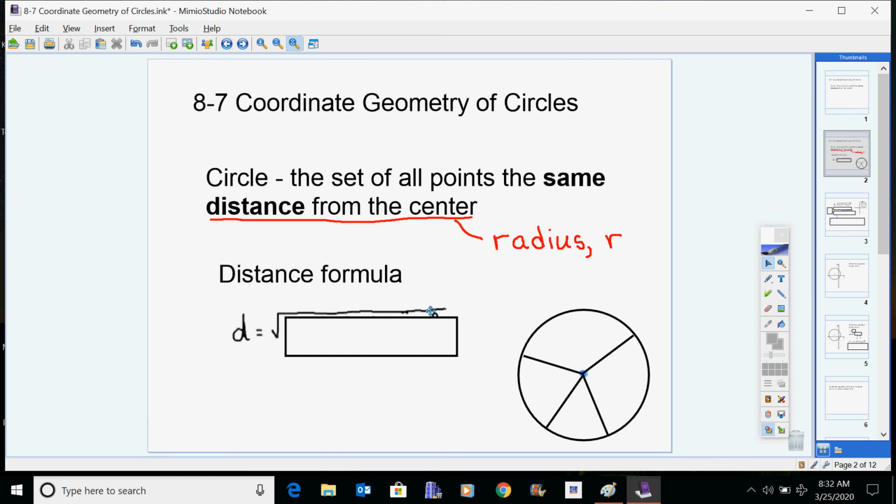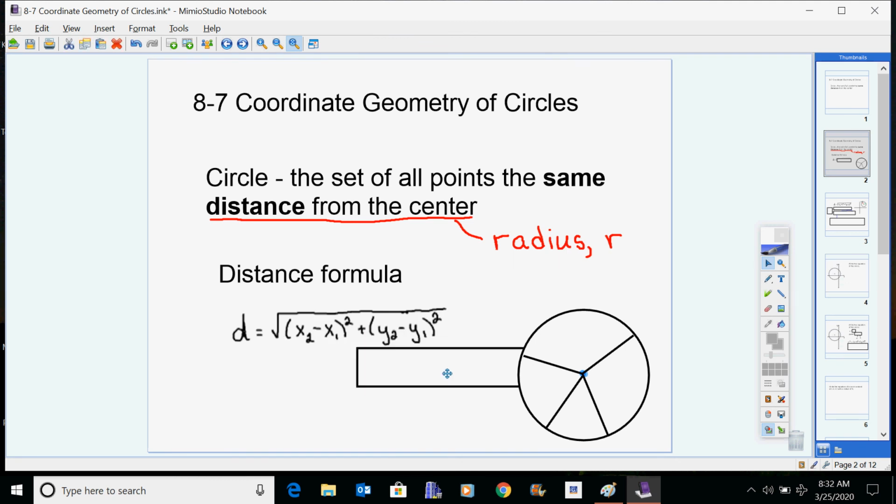Our distance formula is based off of the Pythagorean theorem. If you are on a coordinate plane, if you recall from your past, when you had x1, y1, x2, y2, we had already talked about this distance formula before we even knew the Pythagorean theorem.